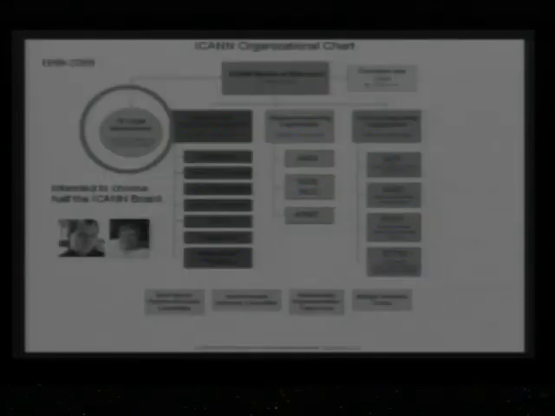Now, as the organization was set up, it was slightly easier to find the public. In its initial construction, the first bylaws and structures of the organization said that fully half the Icann board of directors was supposed to be chosen by the at-large public. And in 2000, there was a round of at-large general elections, and one of our at-large directors is here up on the stage with us.